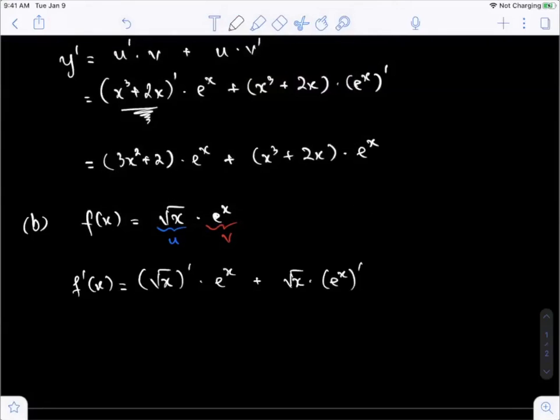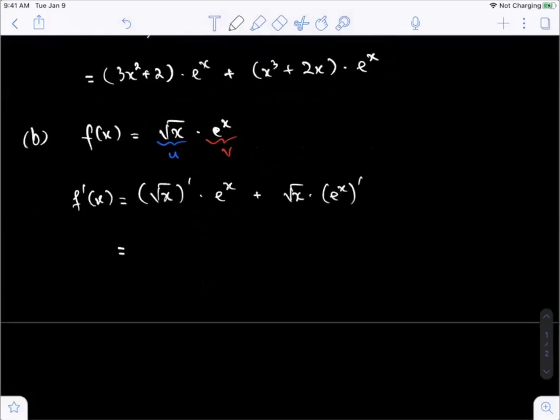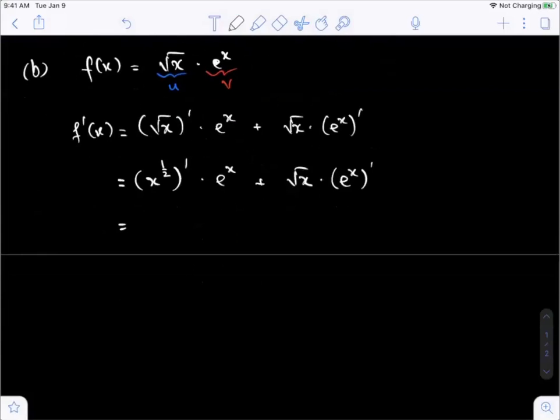So for the derivative of square root of x, it's easier to turn square root of x into a power function, right? Turn that into x to the 1/2. So it's going to be a lot easier to differentiate. Right. So the derivative of x to the 1/2 is 1/2 times x to the negative 1/2 times e to the x plus square root of x times e to the x.